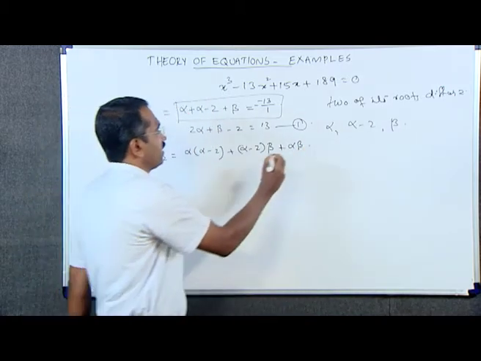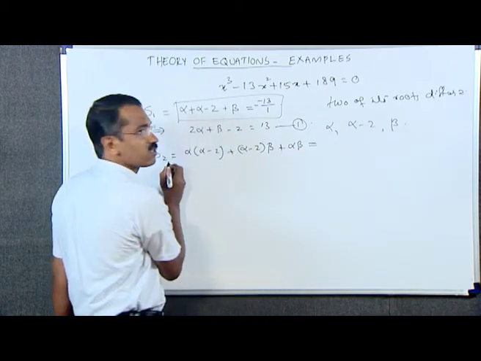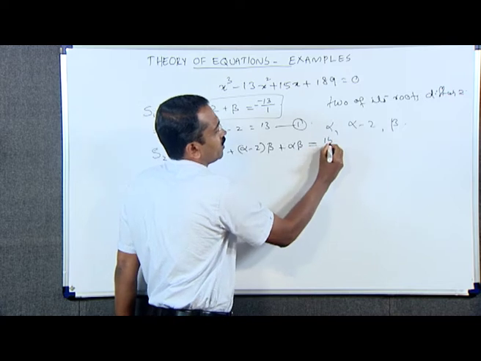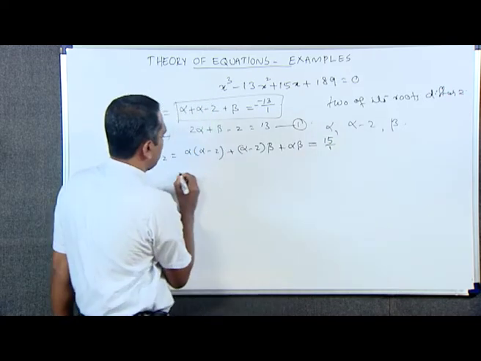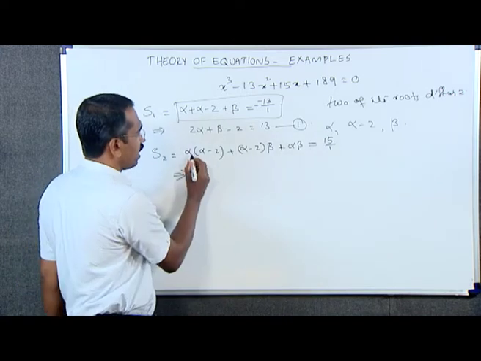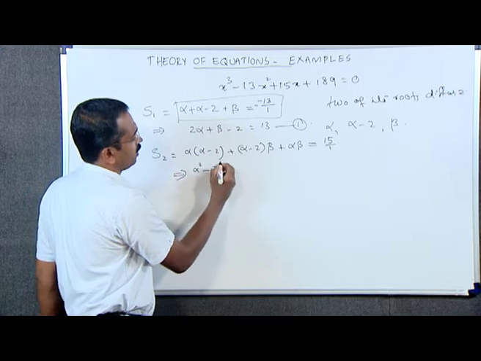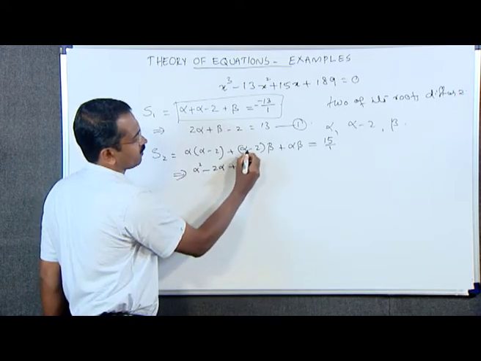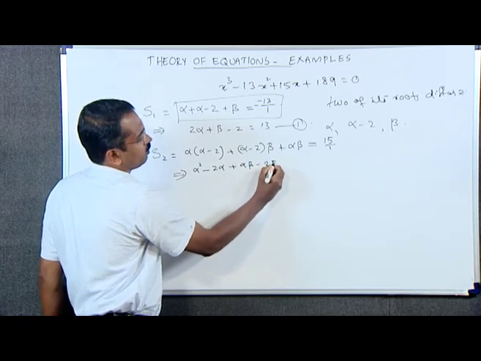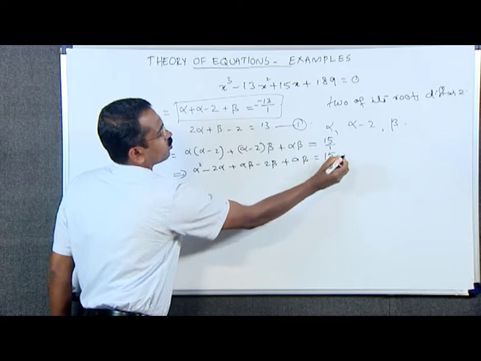But by the relation we discussed in the previous session, we can write this S2 as 15 divided by 1. This implies alpha into alpha is alpha square, minus alpha into 2 is 2 alpha, plus alpha into beta, minus 2 into beta, plus alpha into beta is equal to 15.